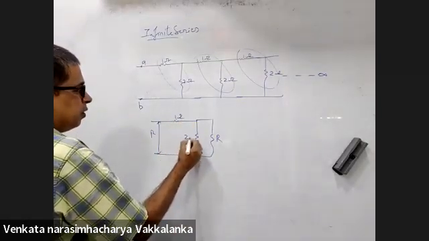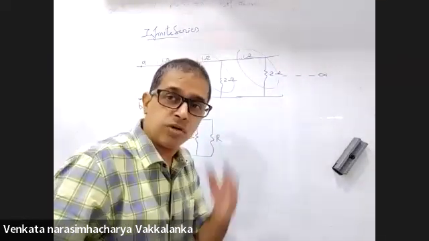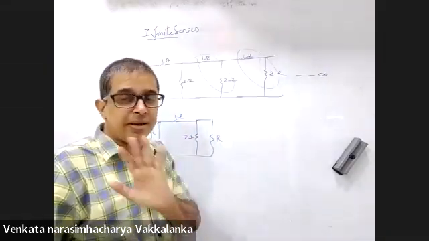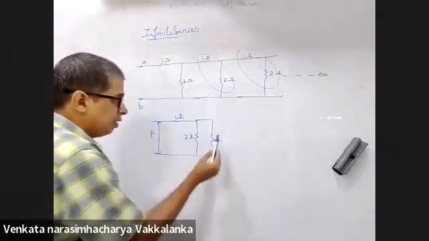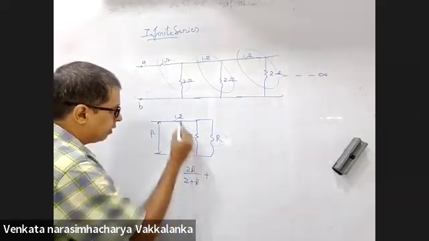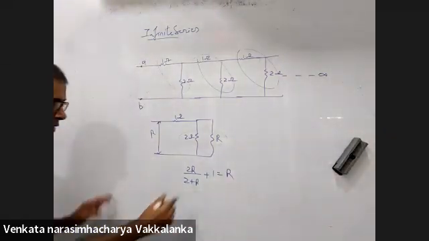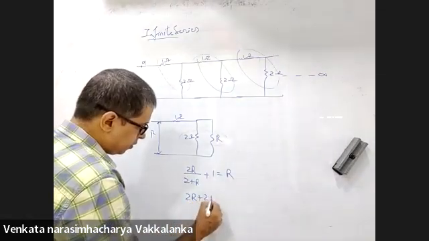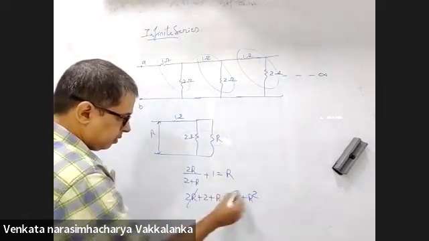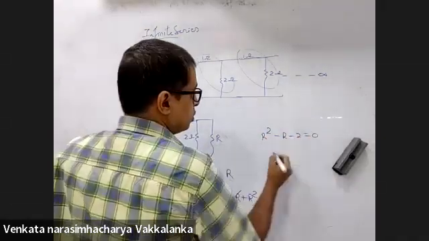After 100 blocks, I will get R. This is a game of numbers, number theory, nothing to do with physics. 2 and R are in parallel. 2R divided by 2 plus R, plus 1, should be equal to R. 2R plus 2 plus R is 2R plus R^2. You are left with R squared minus R minus 2 is 0.